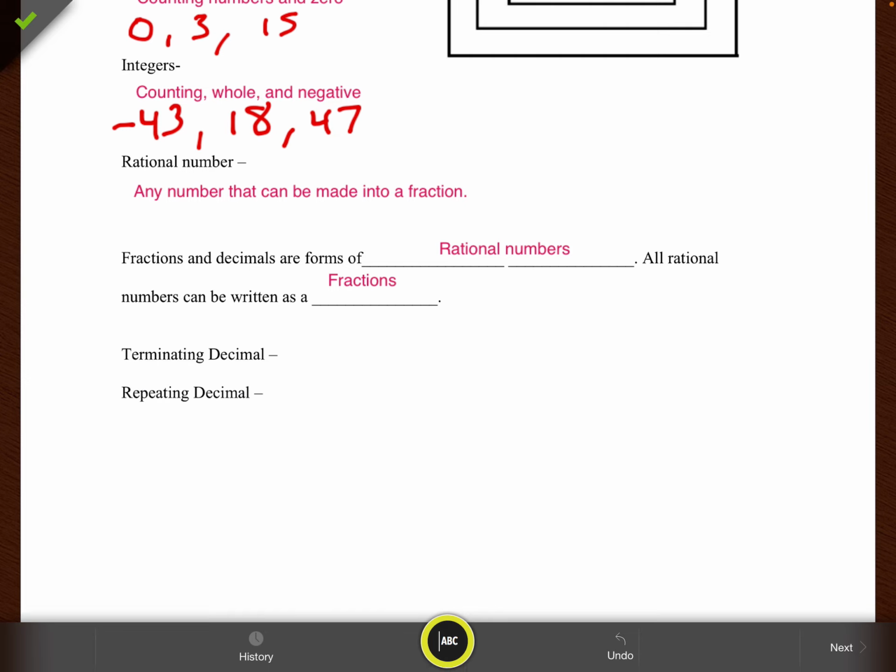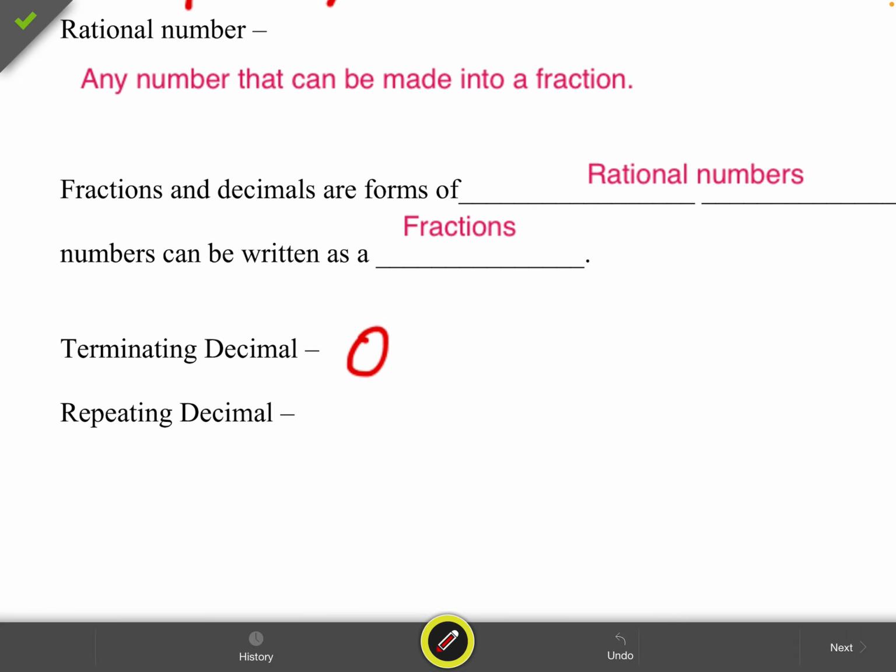We have two final definitions here. We have a terminating decimal and a repeating decimal. So terminating decimal, I don't know if you are old enough to have ever watched The Terminator with Arnold Schwarzenegger, but he puts an end to things. That always helps me remember what a terminating decimal is. So let's say we have 0.47.